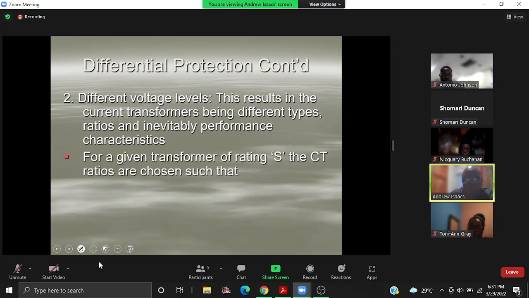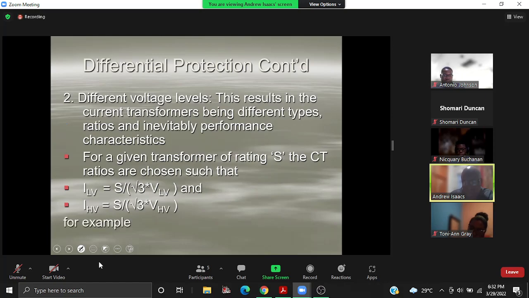All right? So if we have a transformer of given rating S MVA, the CT ratios are chosen such that on the low voltage side and on the high voltage side, we get matching currents.